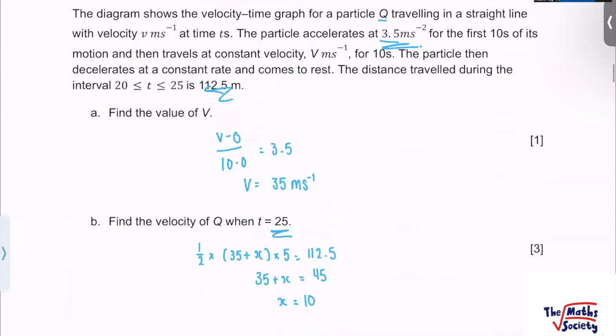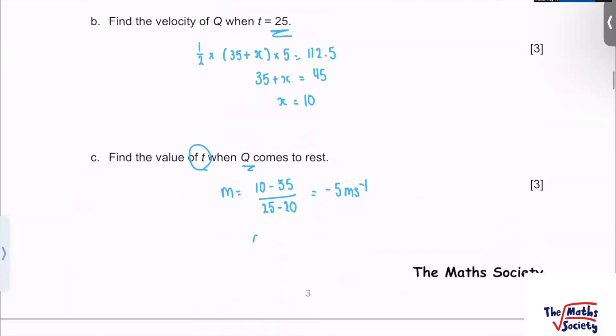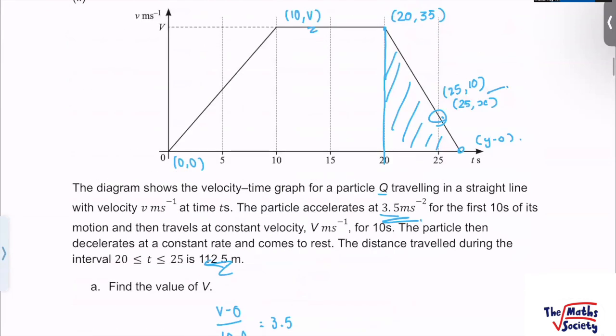And so if you use it, it's going to be 0 minus 10 over y minus 25, and that has to equal minus 5. So it's minus 10 equals minus 5y plus 125, so 5y equals 135. y is going to equal 27. So then we know that t is going to equal 27.